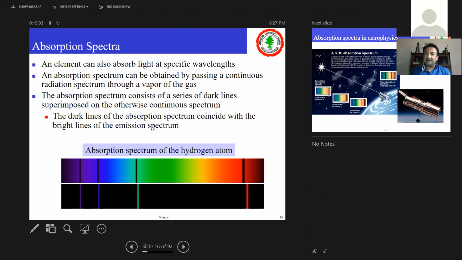So it seems that the atom, these electrons, can absorb and emit at exactly the same lambda. So the lambda for absorption is exactly equal to the lambda for emission. So what this means is that if I have to find an explanation, then this explanation must explain all these processes together.